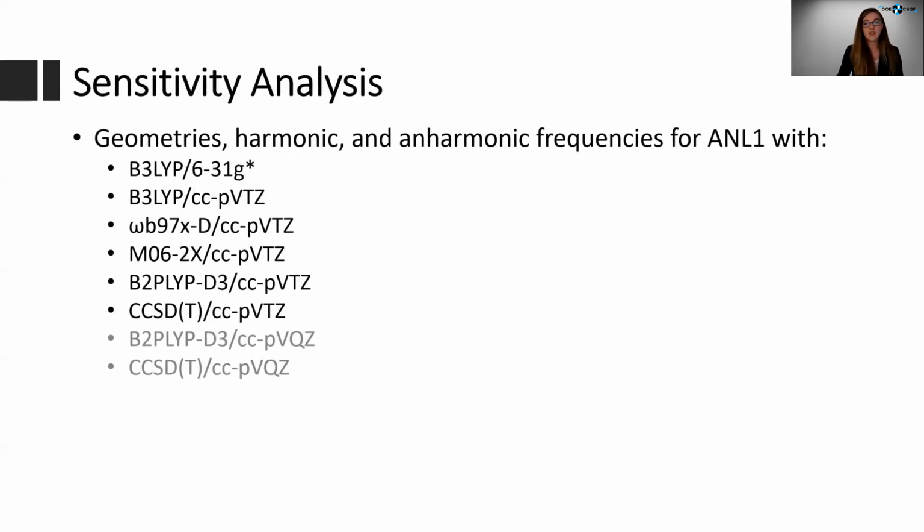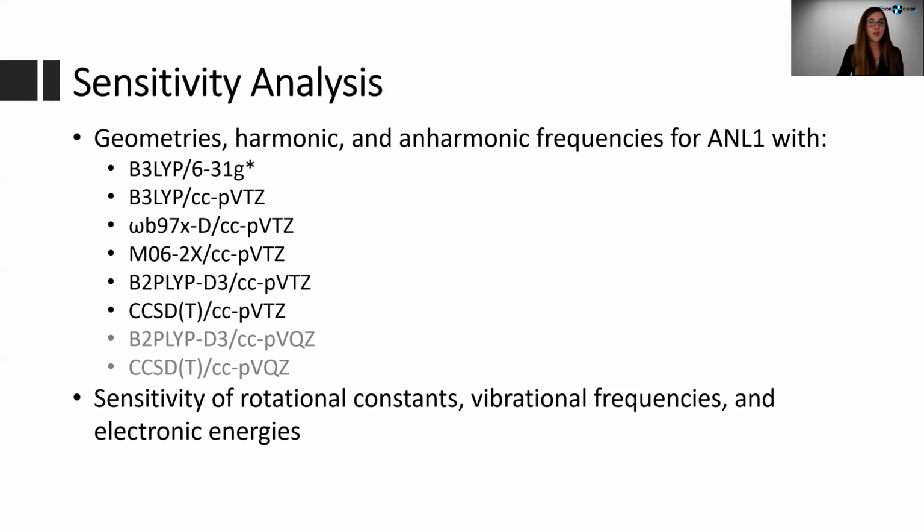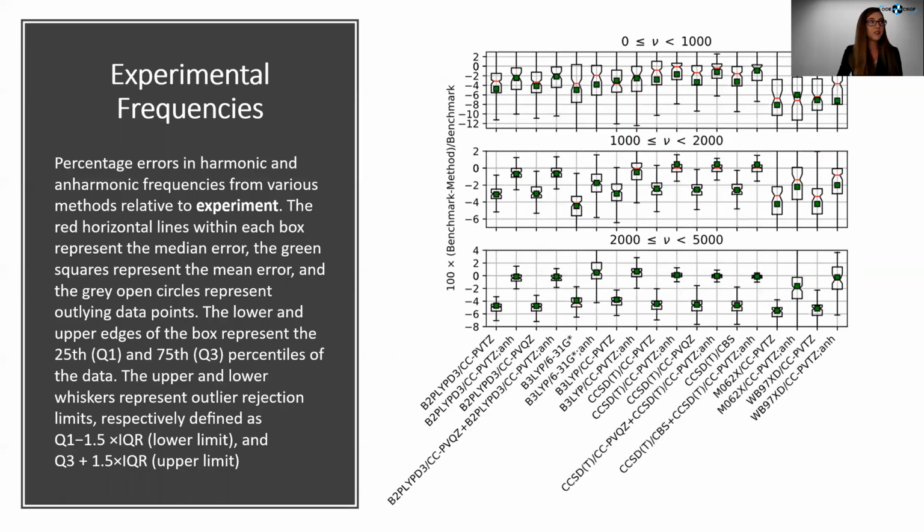And so we did a sensitivity analysis with different quantum chemistry programs, and compared how they performed on different fundamental properties. So here's one example for frequencies. We had 410 experimental frequencies that we compared to, and we have this box plot of all the different methods we chose, and the percent error that those methods had on average from the experiment is in green here.